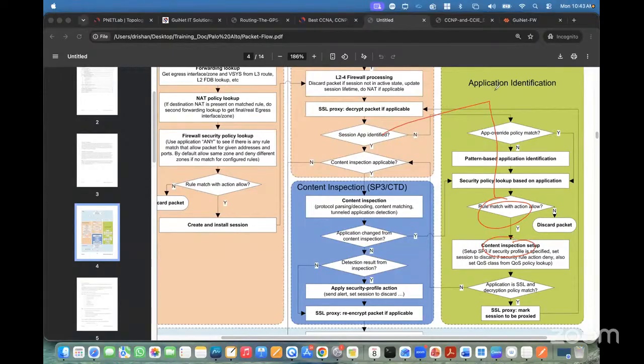So let's suppose this packet does not require this here, the application identification is going to happen. Then you're going to check the content. Content is what? Your actual payload, your actual data.